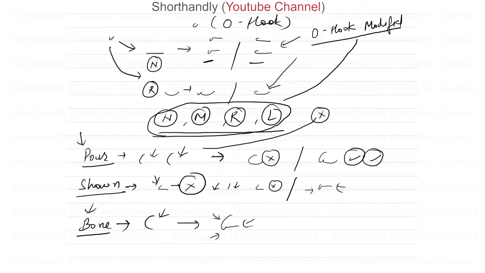Alright, let's take the next word, pole. Again we have this P, which is made like this. So we have to make the word pole like we usually attach the O character, like this.